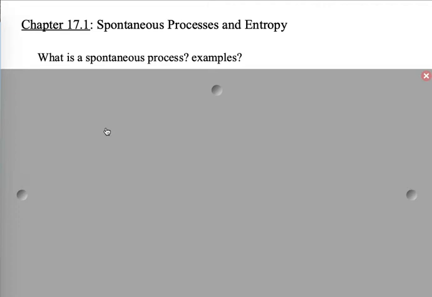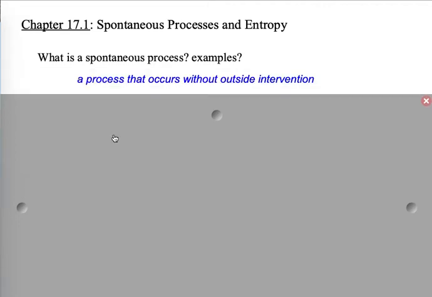What is a spontaneous process, and what are some examples? Well, a spontaneous process is defined as one that occurs without outside intervention. You do not need to do anything in order for the spontaneous process to occur. It simply happens because the final state is lower in energy than the initial state.